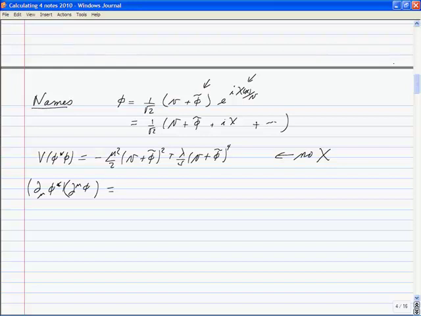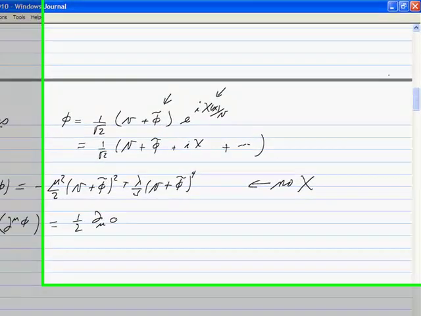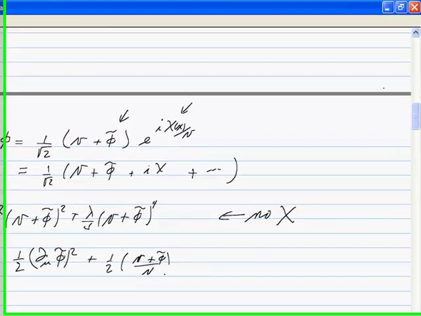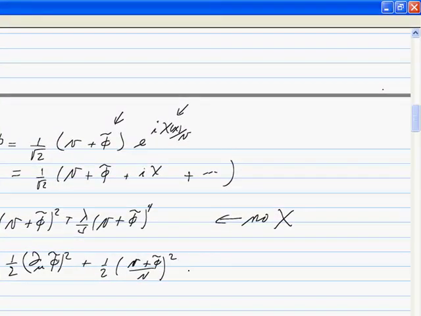You can sort of see this is a real quantity. The cross term is going to have an i and a phi, so it's going to be imaginary, so cross terms end up canceling. Anyhow, this turns into 1/2 d mu phi twiddle squared plus 1/2 ((v plus phi twiddle) over v) quantity squared d mu chi squared.